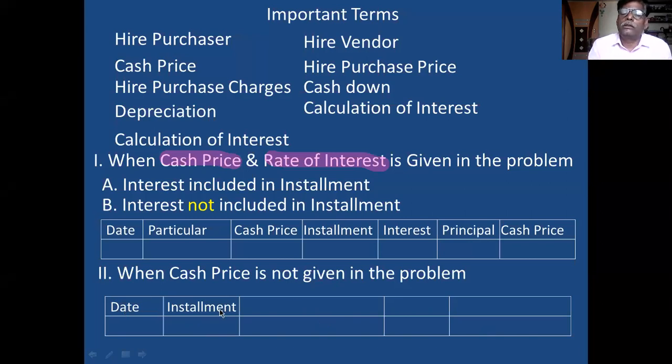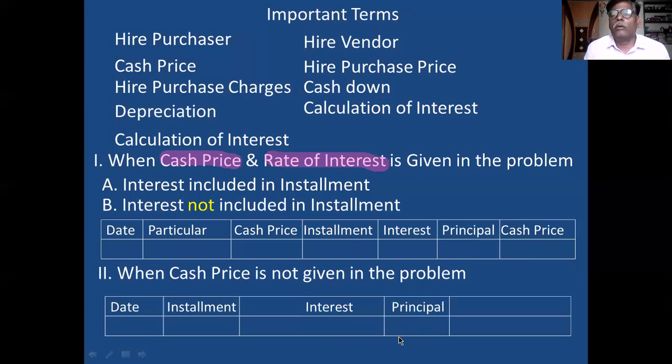First column, date. Second column, installment. And third column is interest. This column should be broad, and in this column, I will calculate interest on the installment. Remember this. And fourth column is principal.